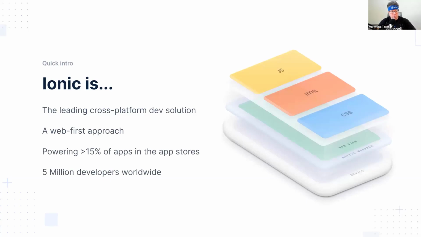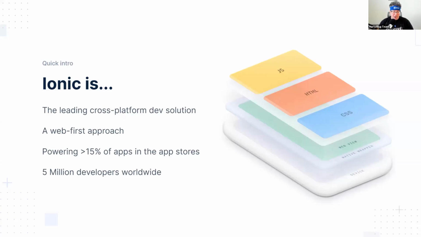So just a quick intro about who Ionic is and what we're all about. We are the leading cross-platform dev solution today. And our approach is all about embracing web technologies and helping web developers take their skills and build for mobile, desktop, and beyond. So we embrace a web-first approach, which is, of course, JavaScript, HTML, CSS, all the building blocks of the web, and allow you to build cross-platform apps from one code base that run everywhere.